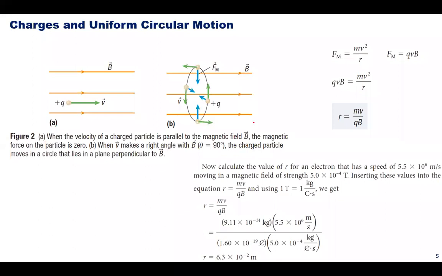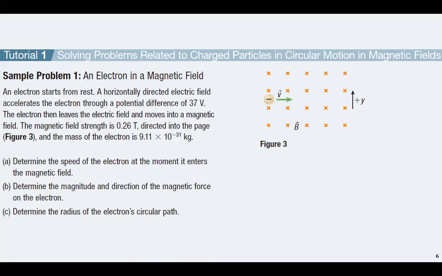All right, next, let's have a look at a sample problem. Here we have an electron that starts from rest. A horizontally directed electric field accelerates the electron through a potential difference of 37 volts.